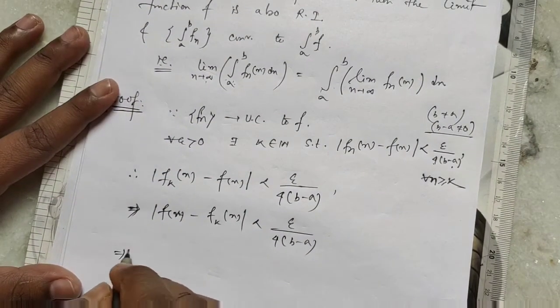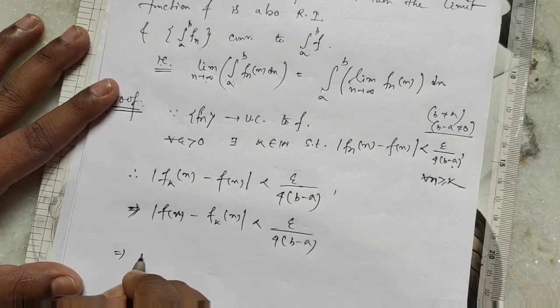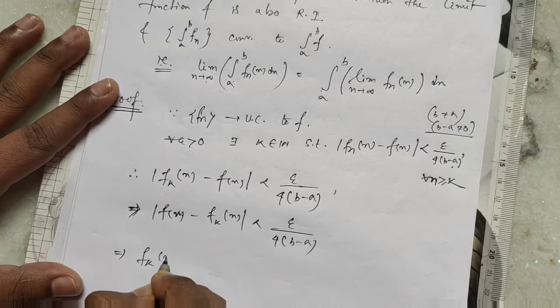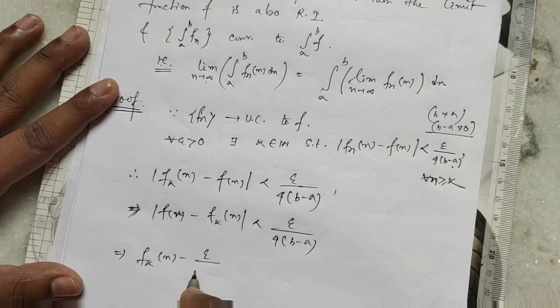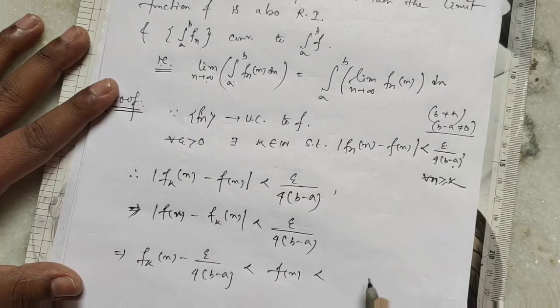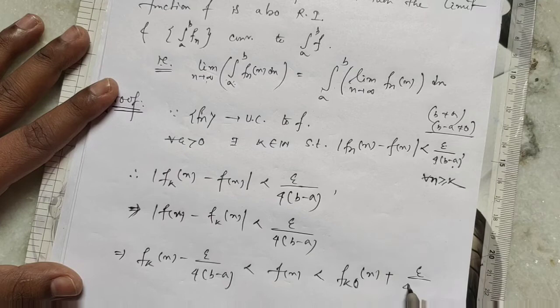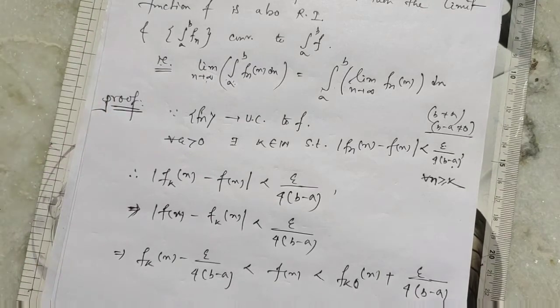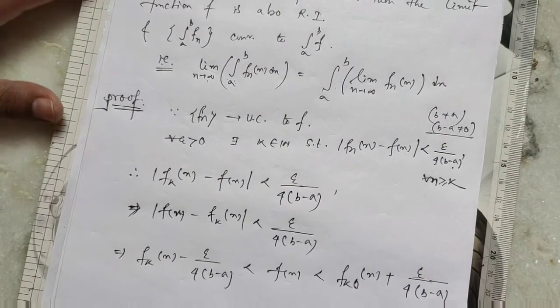So to remove the mod, we get fk(x) - epsilon by 4(b - a) is less than f(x) is less than fk(x) + epsilon by 4(b - a). Clear?